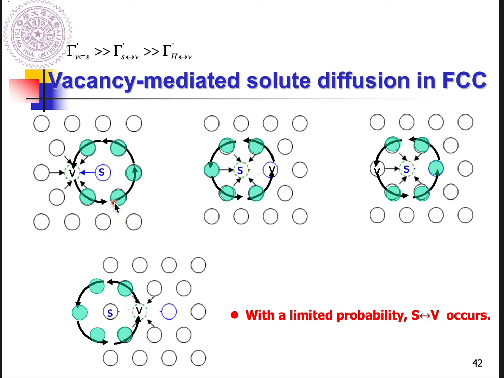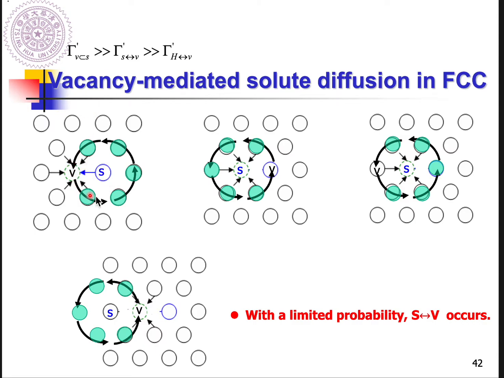Let's take these figures. As we mentioned, the fastest one will be the host neighboring solute atom jumping into the vacancy. So that will cause the circling effect. The vacancy will be circling around the solute atom and has no contribution to the diffusivity or diffusion of the solute atom.